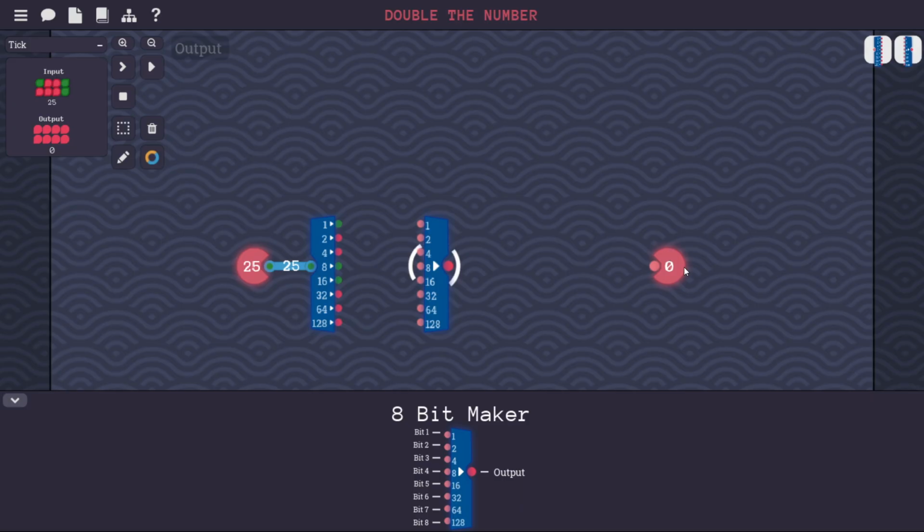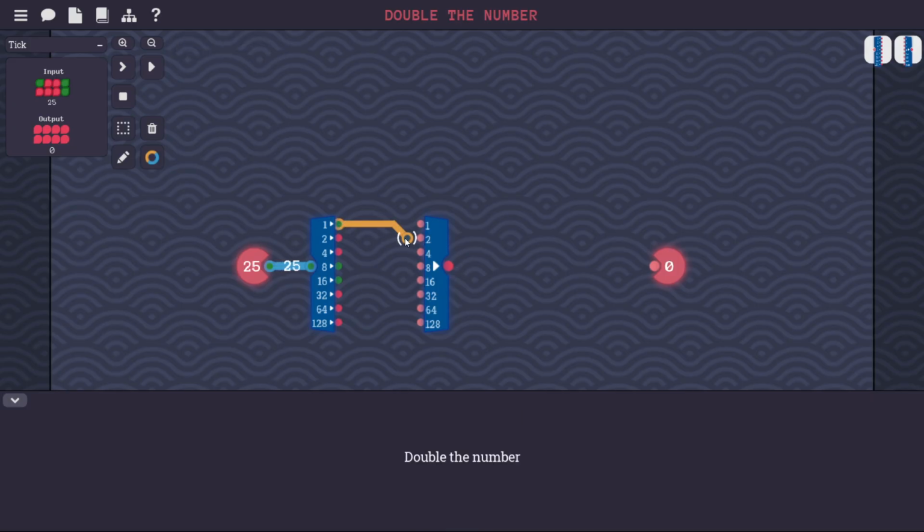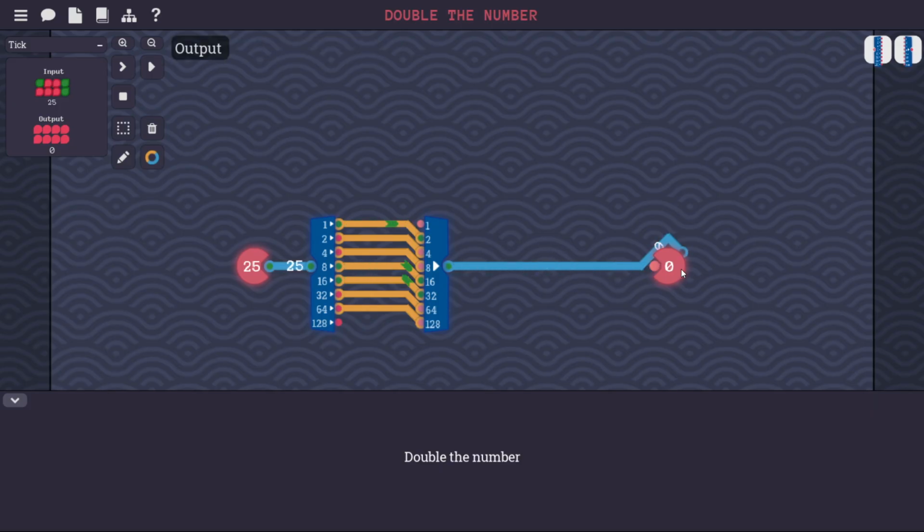So by doing this, I think it's called shifting, we're able to double the number. As we can see, the output should be 50 essentially, and that's what we get.